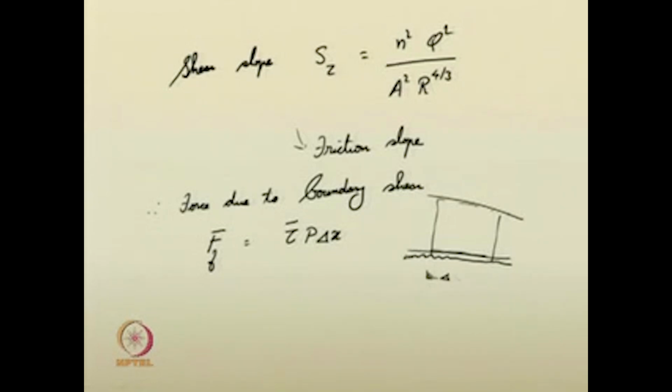If the two sections are separated by a distance del x, with depths y1 and y2, then the wetted perimeter P into del x will give you the area where the water is interacting with the channel boundary.